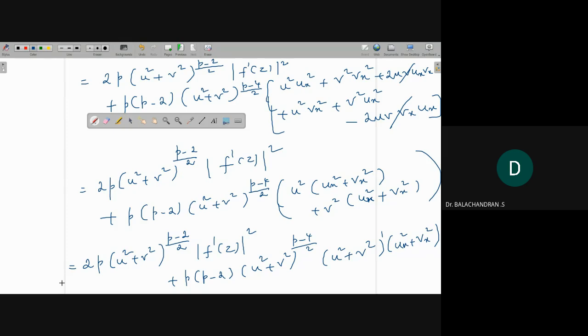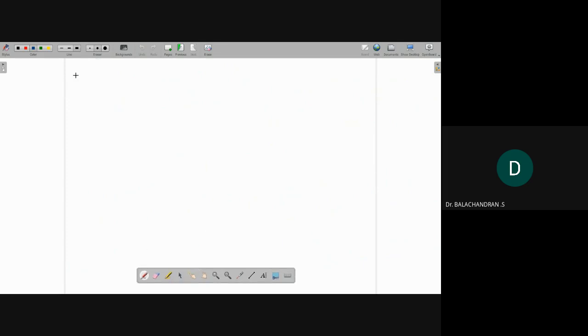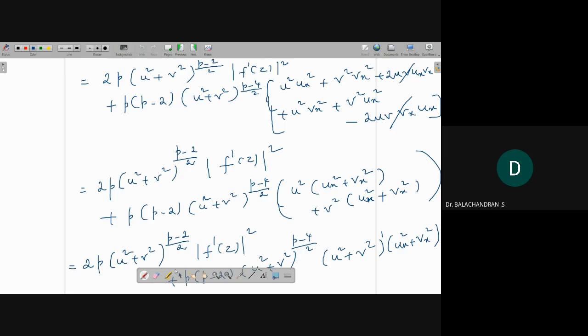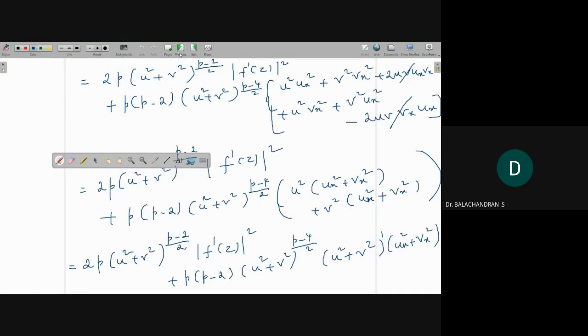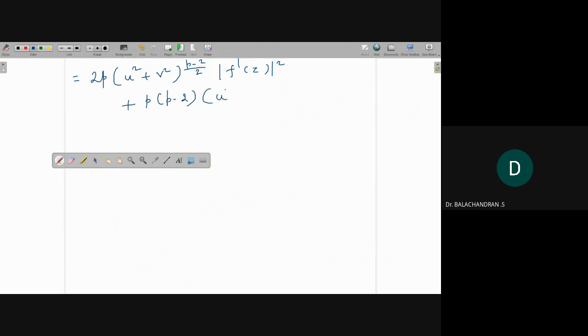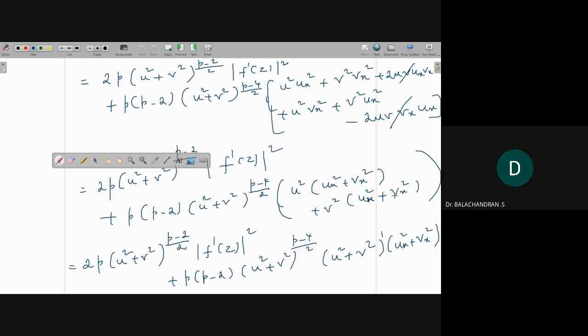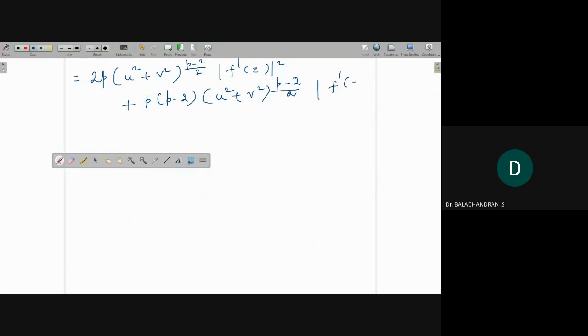So 2p(u² + v²)^((p−2)/2) |f'(z)|² plus p(p−2), remaining you have (u² + v²)^((p−2)/2) |f'(z)|².